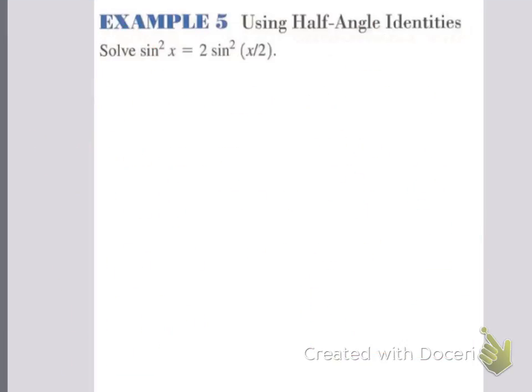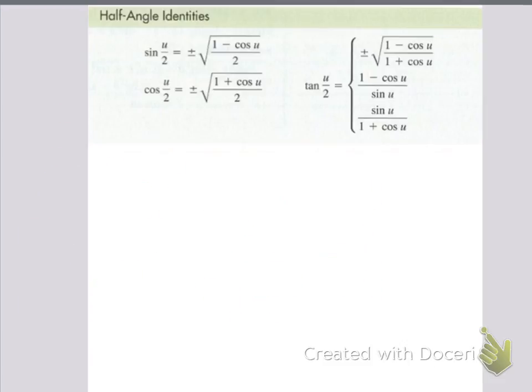Now we're going to use our half angle identities. Now they want us to solve again. So we have sine squared of x over 2.